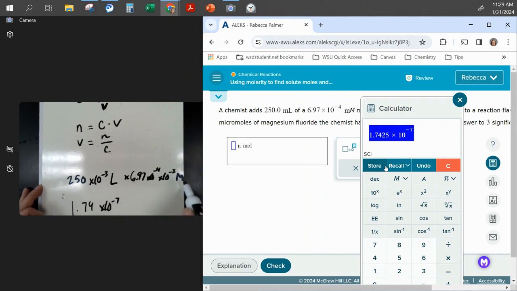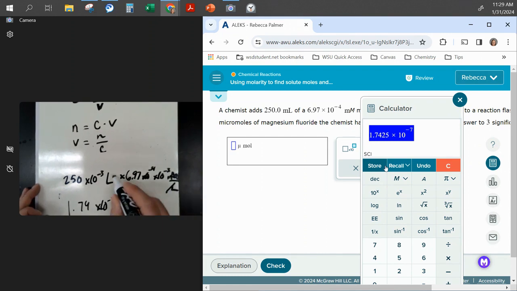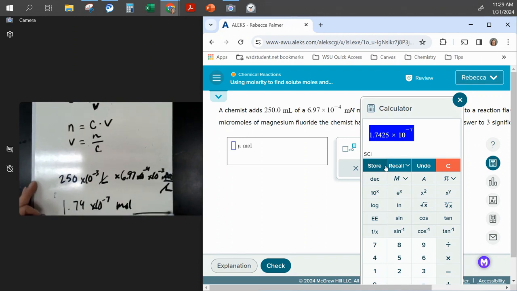This is in, I have liters times molarity, which is moles per liter. So my answer is in moles. It's asking me for micromoles. So for 1 mole, that is 10 to the 6 micromoles. I need a lot of little moles to make 1 big mole.